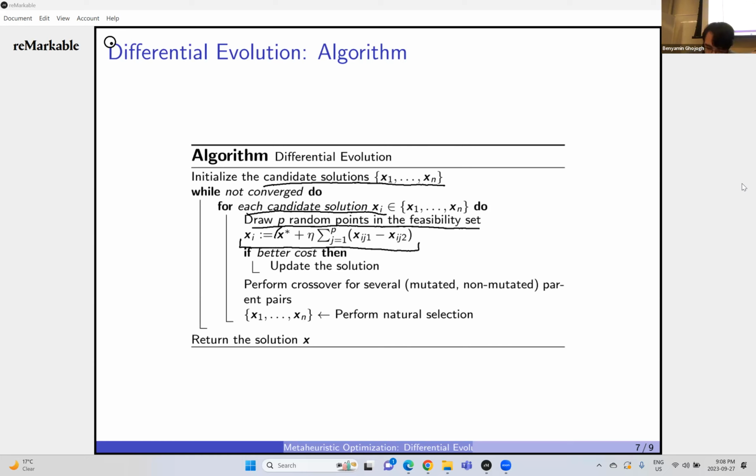And this X might be X star, might be any solution, any starting point. Check the cost. If it is better than the best cost found so far, update the best cost and also the best solution found so far. Then perform crossover between mutated and not mutated parents to generate some offsprings. Then do the natural selection. Then go to the next iteration, and finally return the best solution.